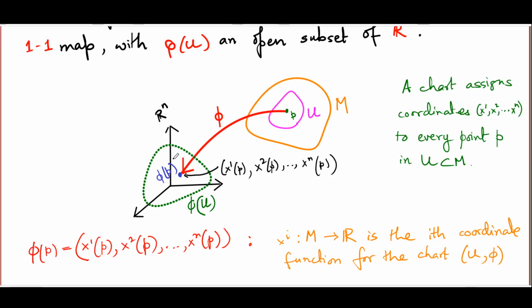Now this relationship between the point P in U and the numbers x1p, x2p all the way up to xnp actually goes both ways.